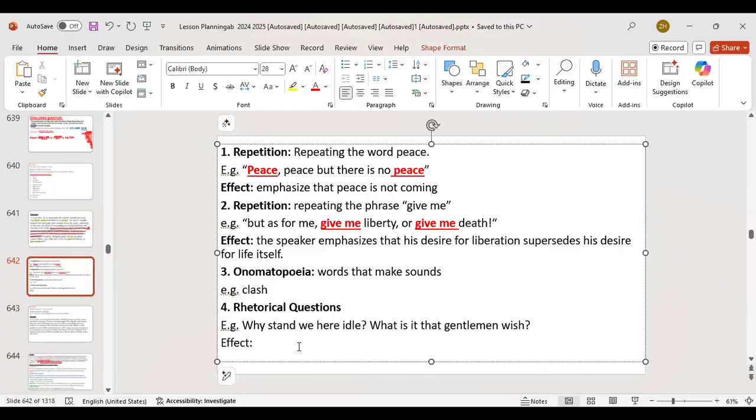To maybe have us think about it. Very good. To have the readers think deeply about the stakes, right?